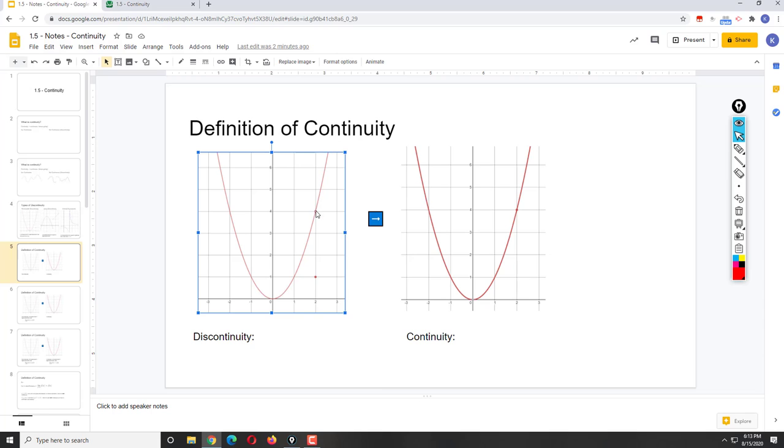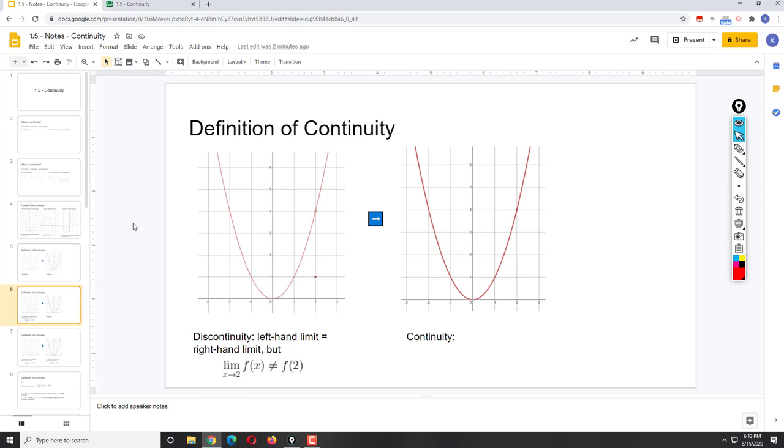The limit exists, but it's not equal to the function. In the discontinuous case, the left-hand limit is equal to 4, the right-hand limit is equal to 4, but the function is not equal to 4. Whereas for continuous functions, the left-hand limit is equal to 4, the right-hand limit is equal to 4, and the function is equal to 4 when x equals 2.